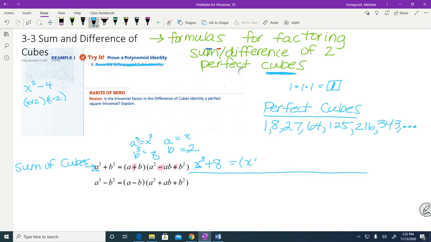So that would factor into x plus 2 times a squared. a is x, which means a squared would be x squared, minus a times b. a times b would be x times 2, or 2x, plus the b term squared. b squared is 2 squared, which is 4. And so there it's factored.